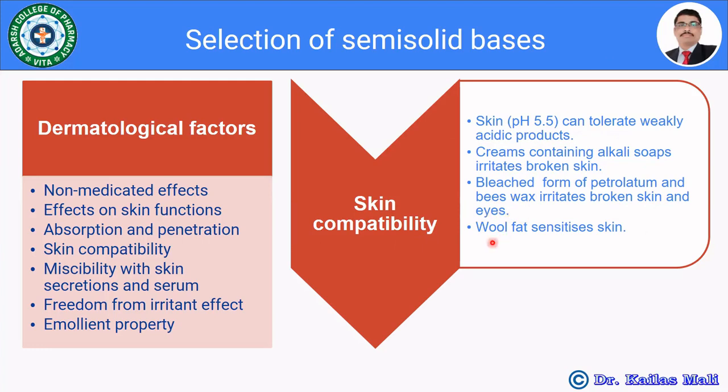And furthermore, wool fat sensitizes the skin. So these parameters need to be considered while selecting the bases. We should have sufficient knowledge about all the physicochemical properties of the bases in order to formulate a good semi-solid product.